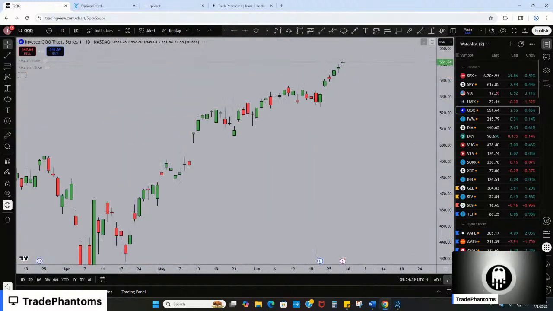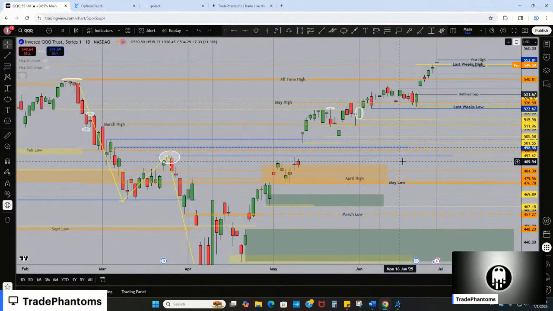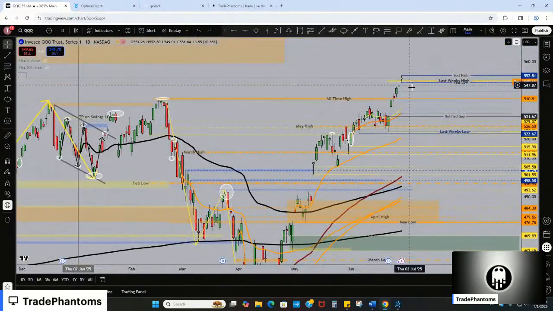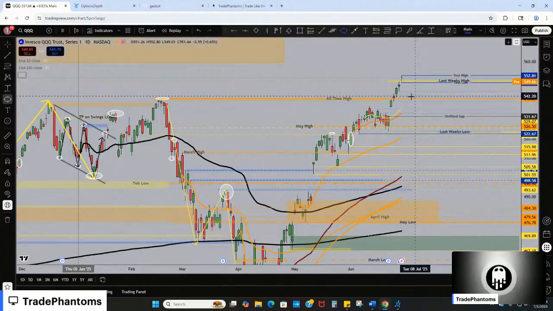All right, Qs, very similar. All-time high retest would be here on the other side now.